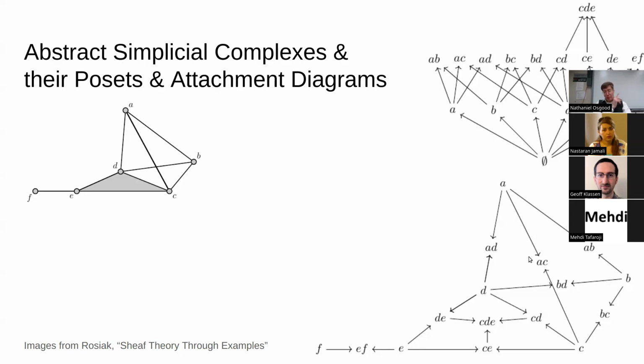I'm emphasizing this because it's actually not a small matter. It turns out that if we look at this, it's going to be pretty helpful to reason about how cellular sheaves work. Particularly, we're going to have a stalk over this simplex, and we're going to have a stalk over the edge, too.